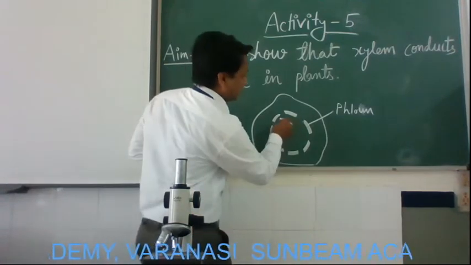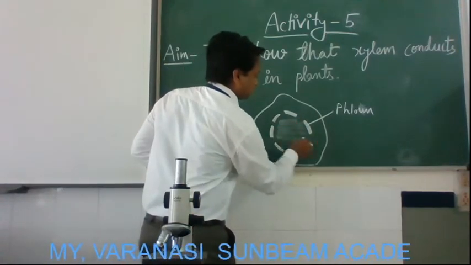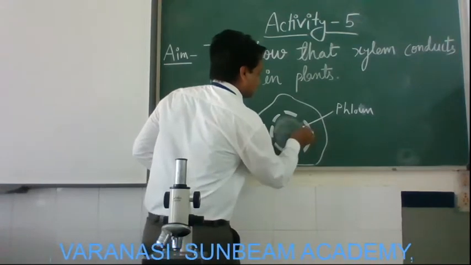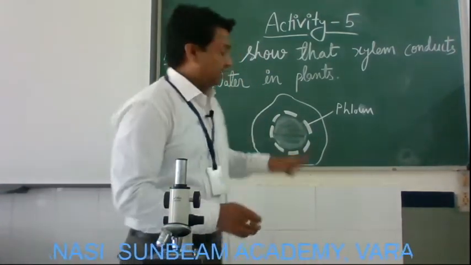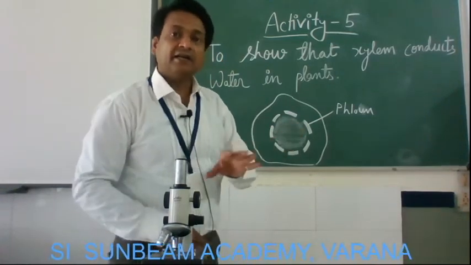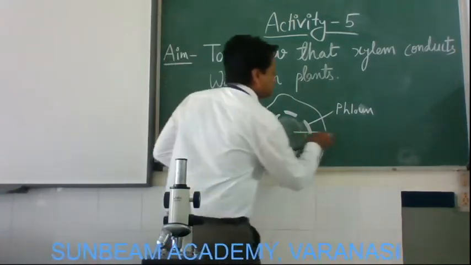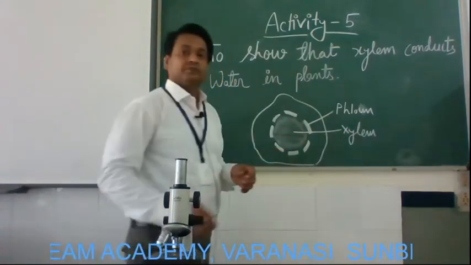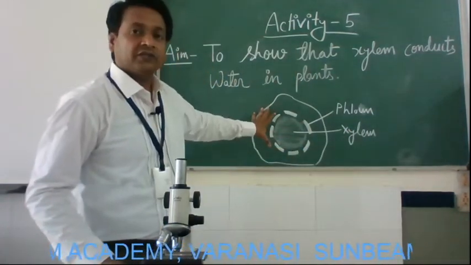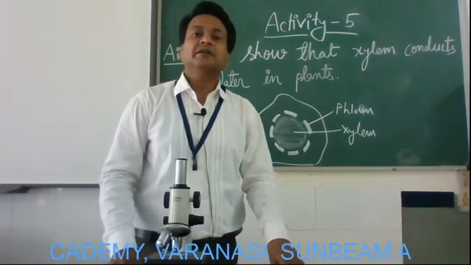And in the center of this area is the xylem tissue, and this looks red in color under the microscope. So this kind of structure is going to be observed here under the microscope.